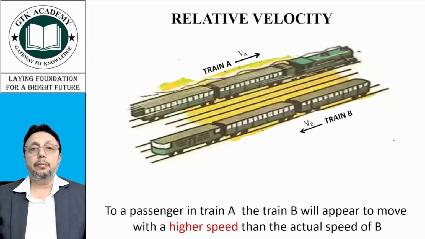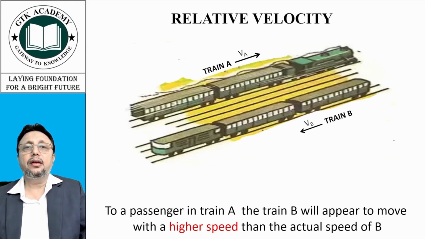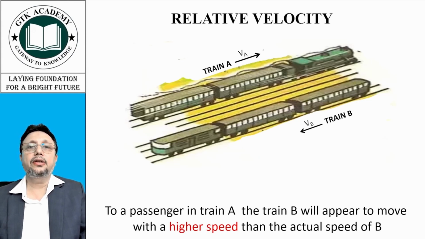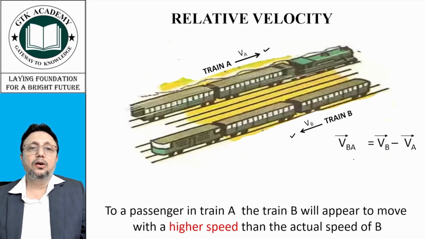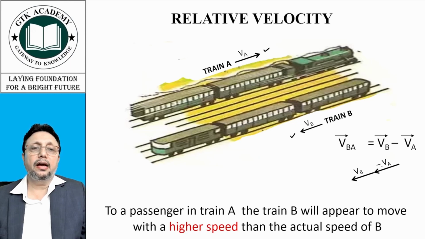Now the second example, where train A was moving in this direction and train B was moving in this direction. So to a passenger in train A, B will appear to move with higher speed. VBA, velocity of B relative to A, is VB minus VA. So what we have to do, we'll take VB and we'll multiply VA by a minus 1 and we'll add it here.